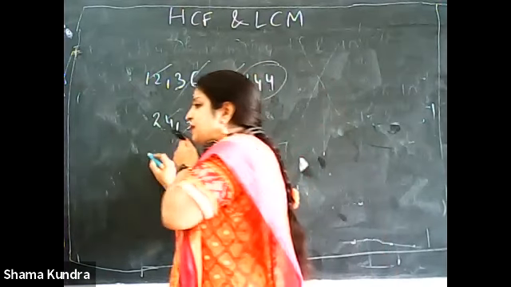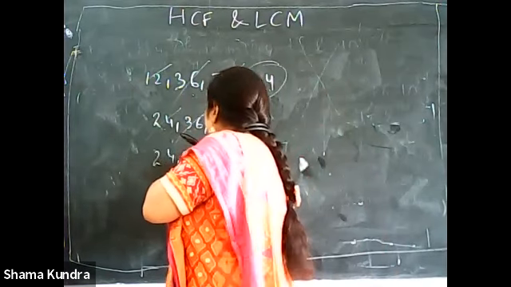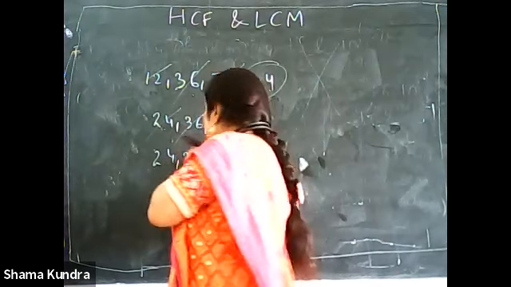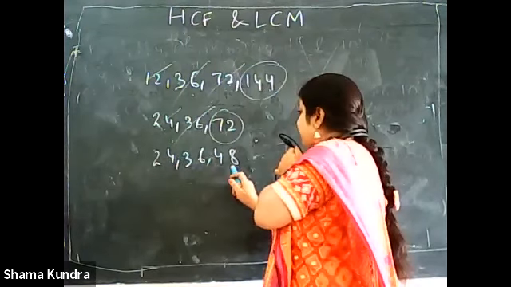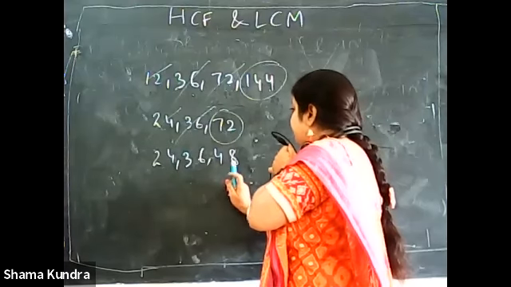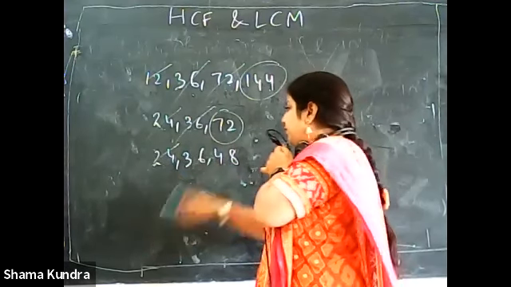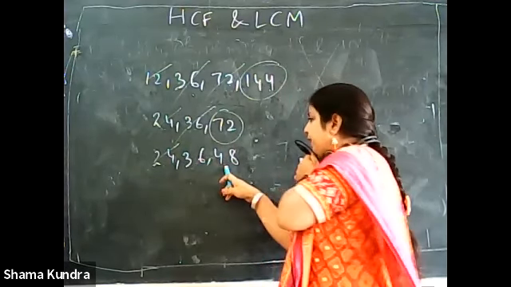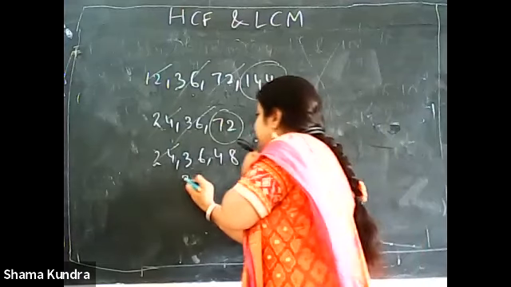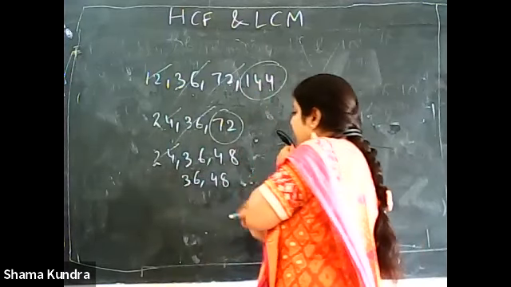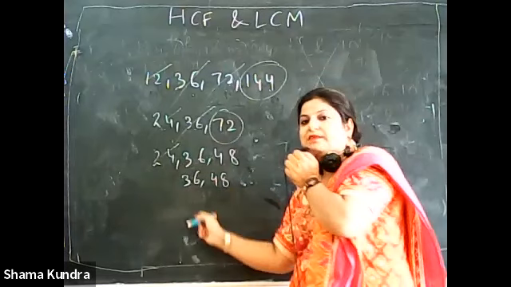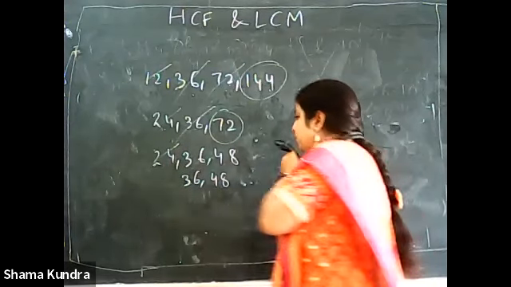See one more example: 24, 36 and 48. Here 24 can divide 48, so leave it. Can 36 divide 48? No. So the next step is to find the LCM of 36 and 48. One is the long division method, which I told you previously.